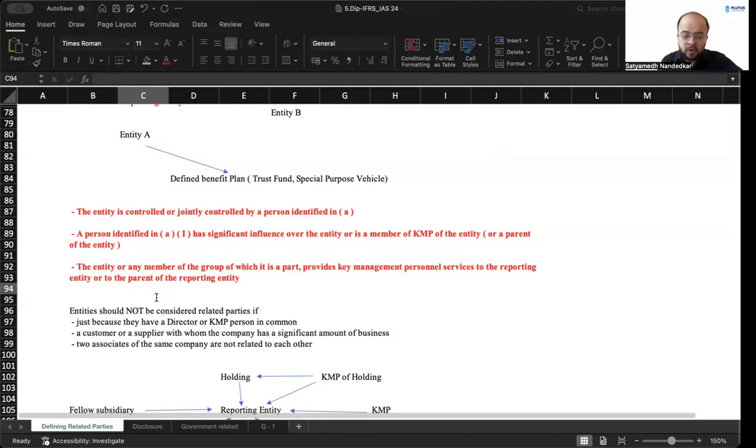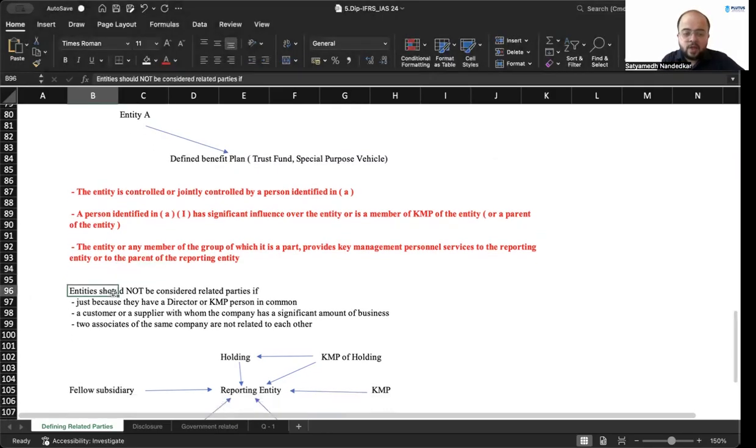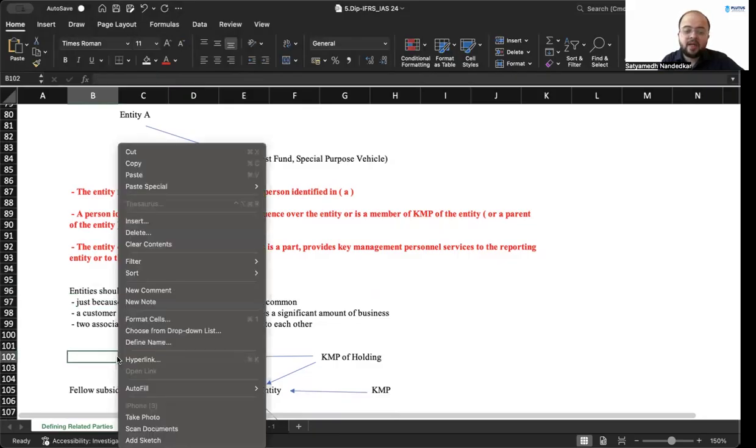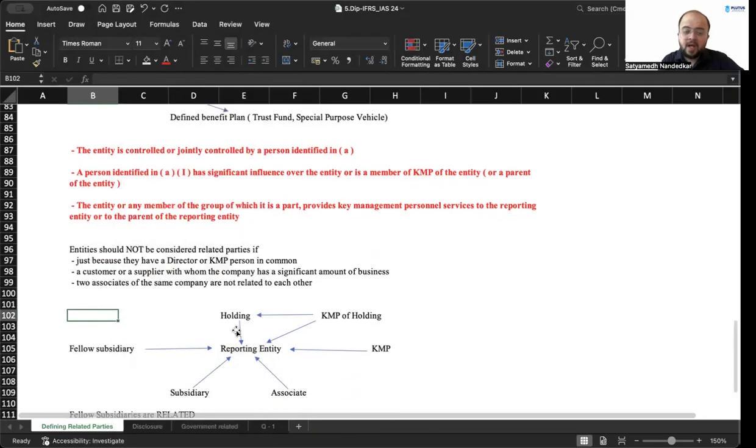What you also need to understand is that entities should not be considered related parties just because they have a director or a KMP in common, or a customer or a supplier with whom the company has a significant amount of business.